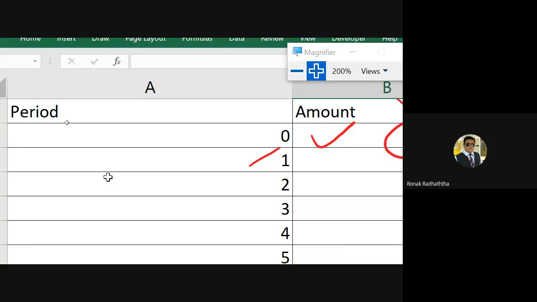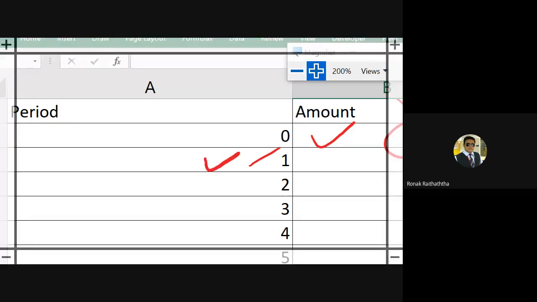So when I say year number 1, that means at the end of year 1 they are occurring, at the end of the second year they are occurring, at the end of the third year they are occurring. If these cash flows are occurring at random dates, or there is no specific time period between the two cash inflows, sometimes the second inflow is coming in just 3 months.